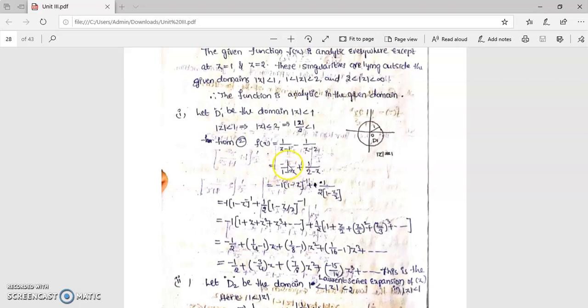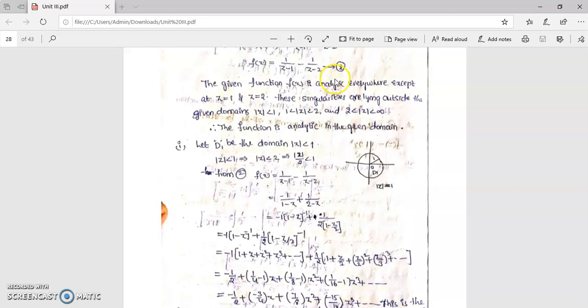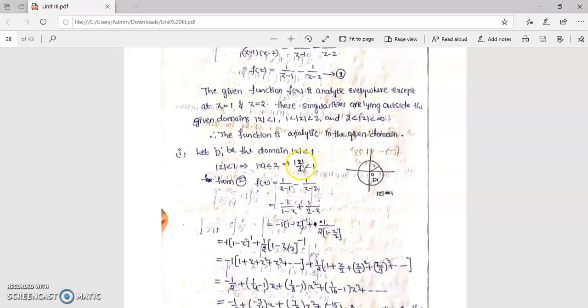Therefore take -1/(1-z) plus, minus into minus gives plus, 1/(2-z). Take 2 common: 2(1 - z/2). Here z by 2 is also less than 1.